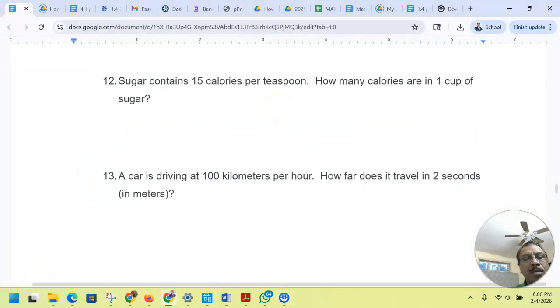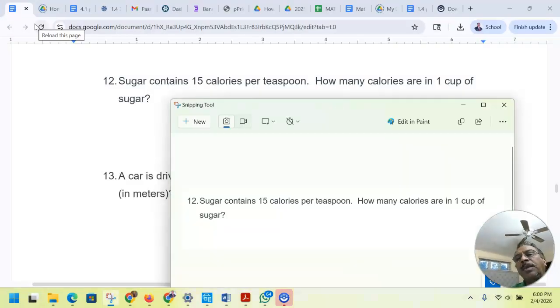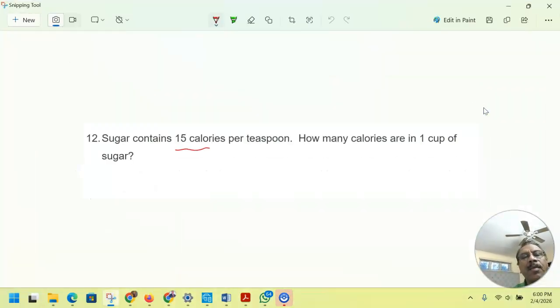You could also do it directly. What I'm saying is, for the same problem, there is a shortcut. You can use a shortcut, saying, okay, we'll start with this, in calories per 1 teaspoon, right?